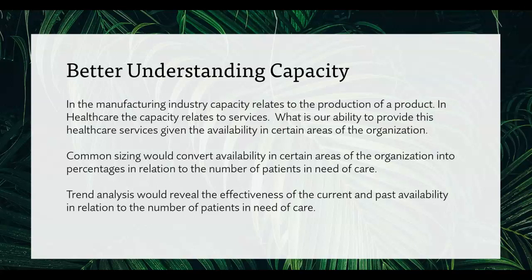If we had one lab technician or two lab technicians, how many patients were being seen on average per day? You'd have to look at a lot of information, just like before. You couldn't just look at that one fact; you had to look at turnaround times, how fast the patients or the providers were getting the results. So that would have to be implemented into that as well.